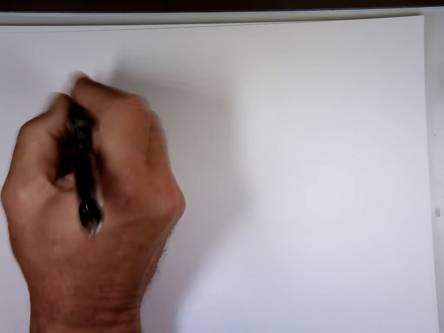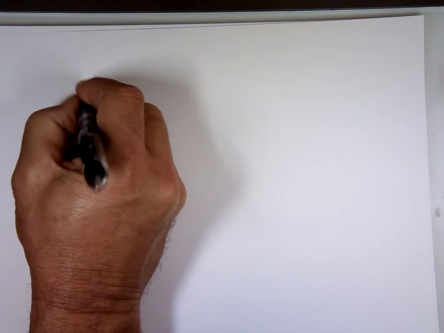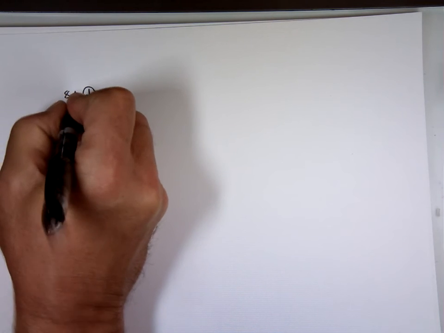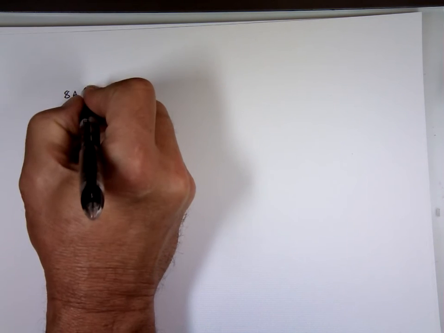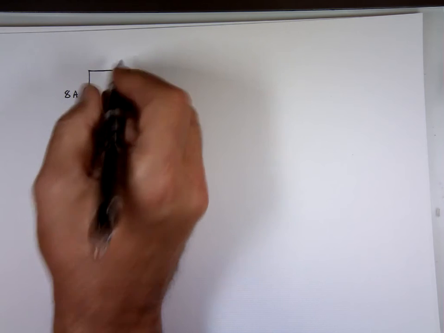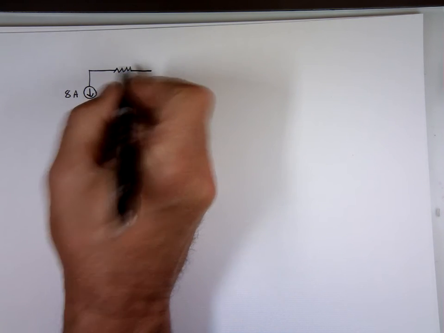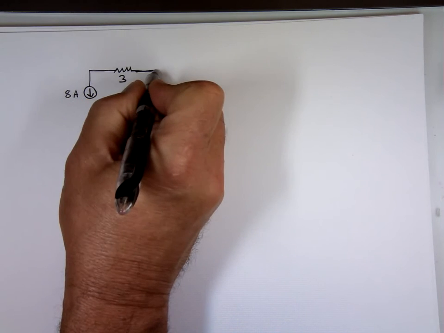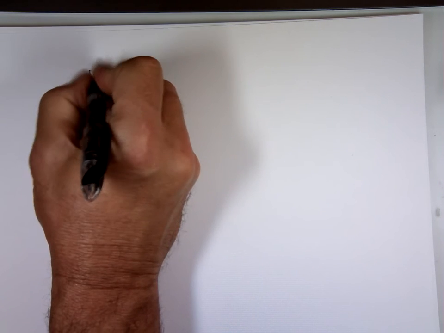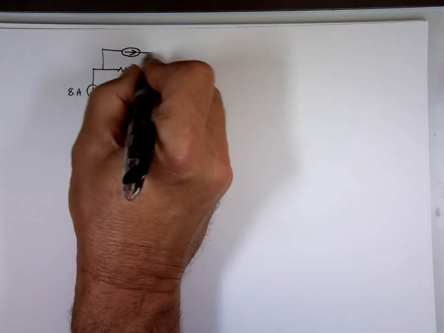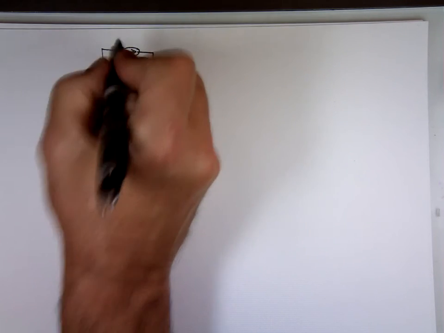So let me draw that. That's now 8 amps coming down. Leave a space on the top because there's one more source. That's 3. I have a current source here, and the value of that is 3 amps.